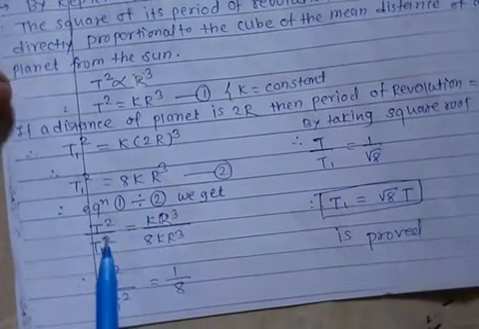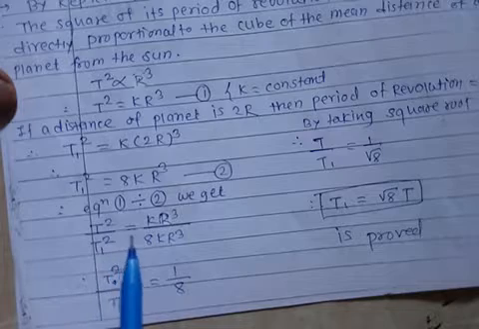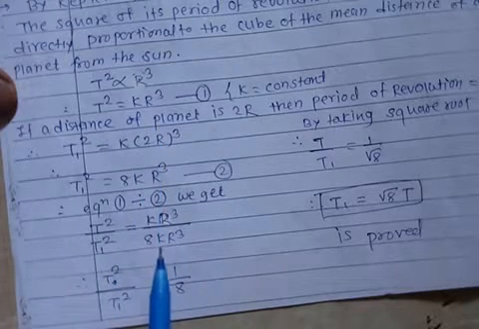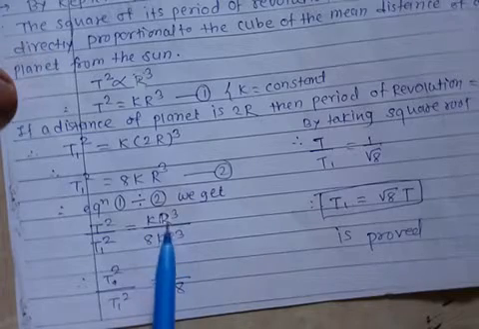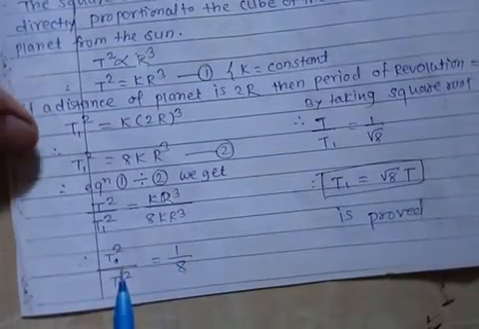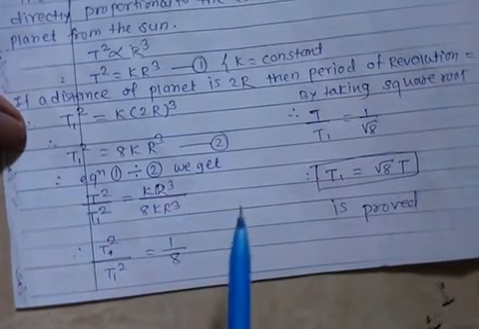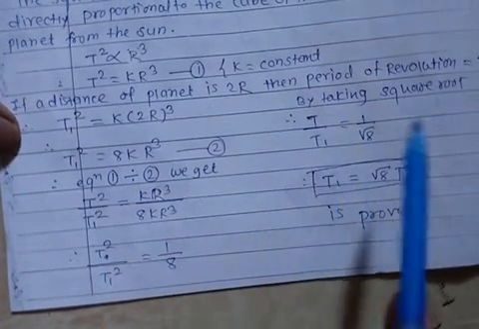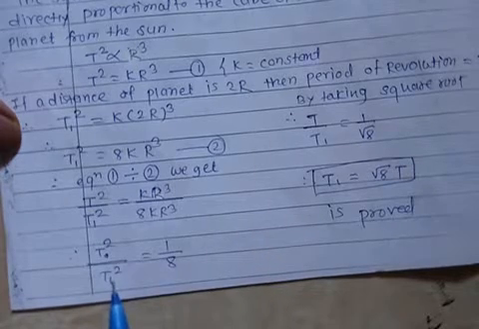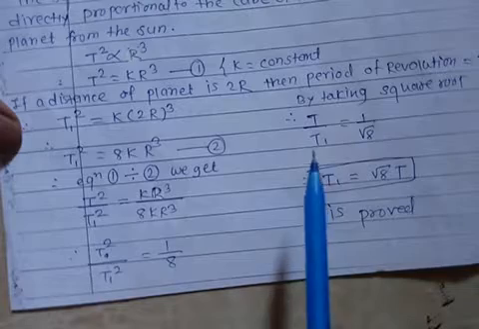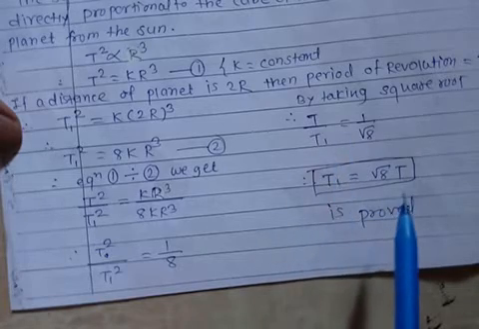We get t square by t1 square equals k r cube divided by 8 k r cube. K gets cancelled, r cube gets cancelled. Here remains t square divided by t1 square equals 1 by 8. Therefore, taking the square root, t divided by t1 equals 1 upon root 8, and by cross multiplication you get t1 equals root 8 t.